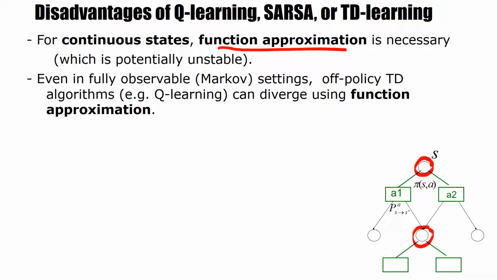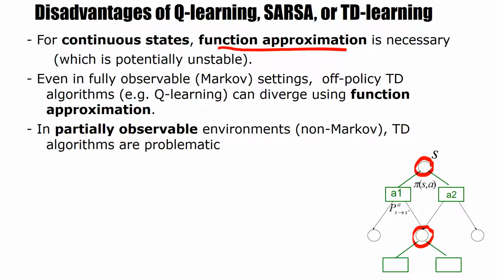Now, even in fully observable Markov settings, these kind of discrete settings like on the graph, off-policy TD methods like Q-learning can diverge using function approximation. Again, because the function approximator links states that maybe should not be linked, it's not necessarily stable.